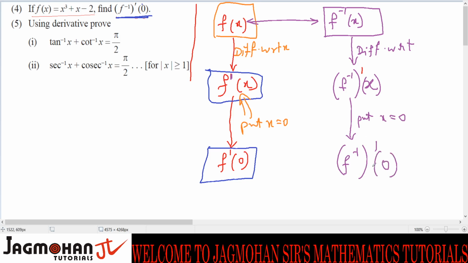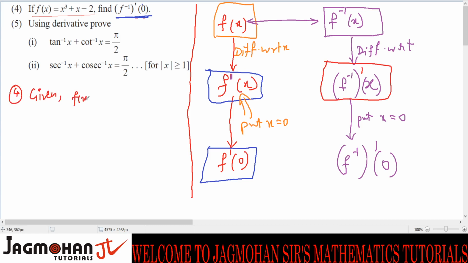Okay, so let's start solving, students. First we have to find f inverse dash x. Okay, so how do I find it? I write: given f of x equals x cube plus x minus 2, differentiating with respect to x.